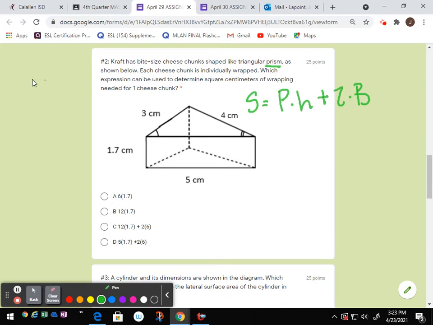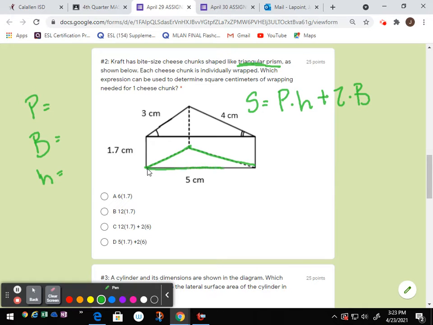Okay, now we need to find our letters of P, B, and H. So let's go ahead and find the perimeter of the base. Now, our base is always what our 3D shape is called. It's called a triangular prism. First word's triangular, so our base is in the shape of a triangle. Okay, so here's one of our bases.